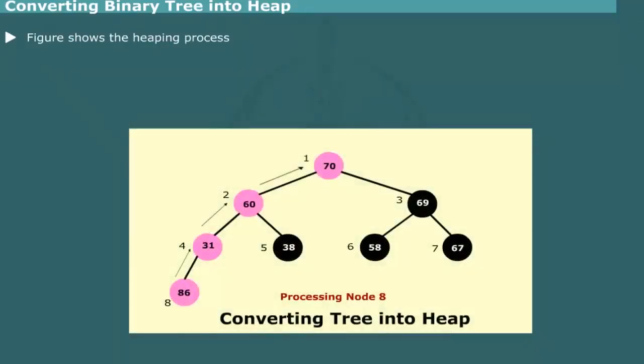Finally, node 8 is processed. It contains element 86, which is larger than the element 31 in the parent node. Therefore, 86 and 31 are swapped. Node 4 now contains 86, which is larger than 60 in the parent node. Therefore, 60 and 86 are swapped.